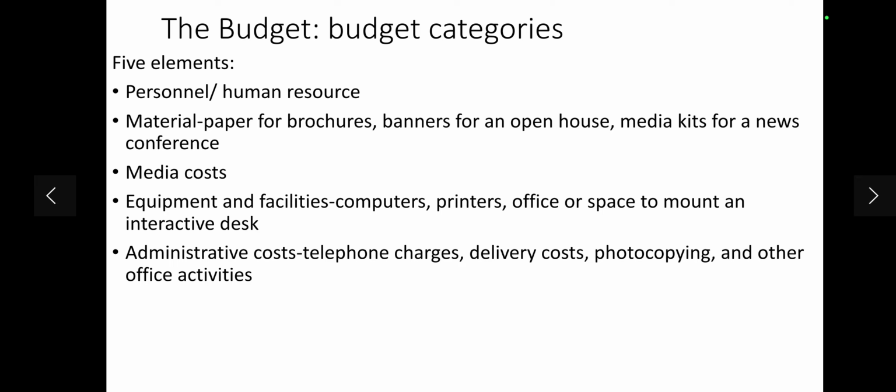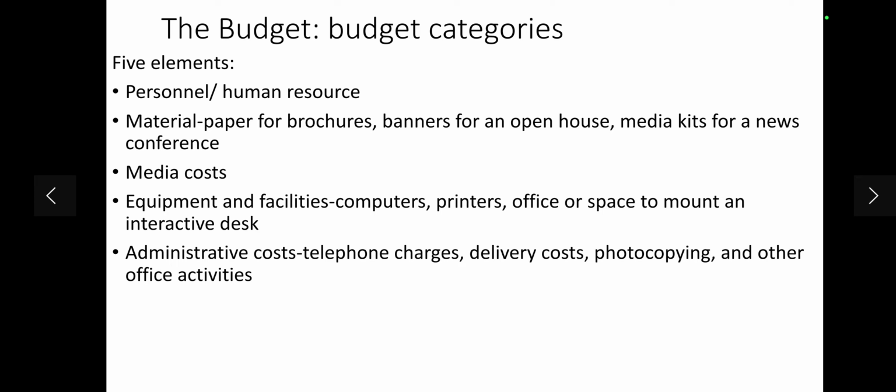And then there's equipment and facilities, things you need like computers, printers, office or space to mount an interactive desk. Let's say you want to interact with people at the mall and they give you one of the parking slots at the mall and you pay for it. So it's a facility. The printers you would use, all those things are part of your budget.